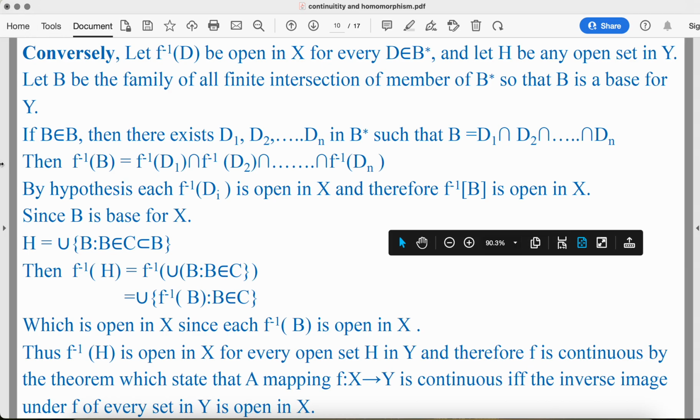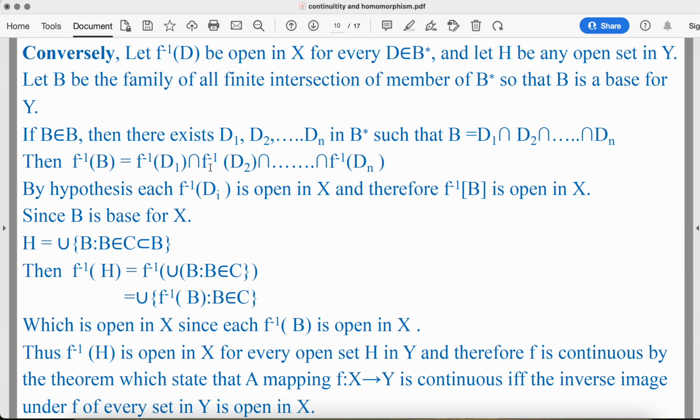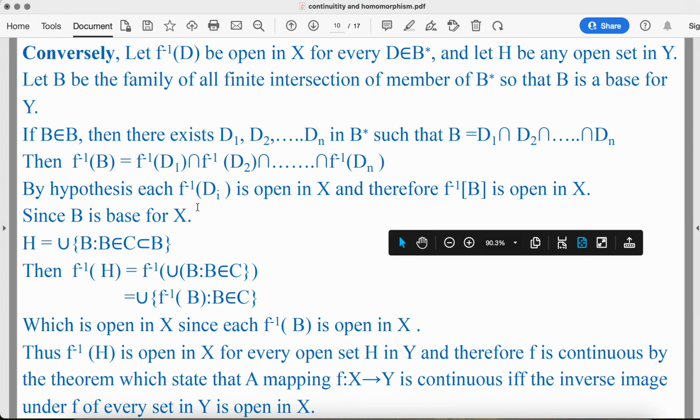It means f inverse B is equal to f inverse D1 intersection f inverse D2 intersection ... f inverse Dn.